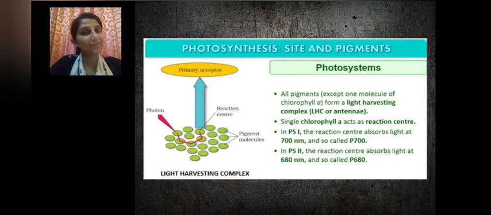The same reason, because it absorbs light at the wavelength 680 nanometers. So these are the pigment molecules, and this single one is called a reaction center, whereas all the others are called the light harvesting complex. In photosystem 1, the reaction center is P700, and in photosystem 2, the reaction center is P680.